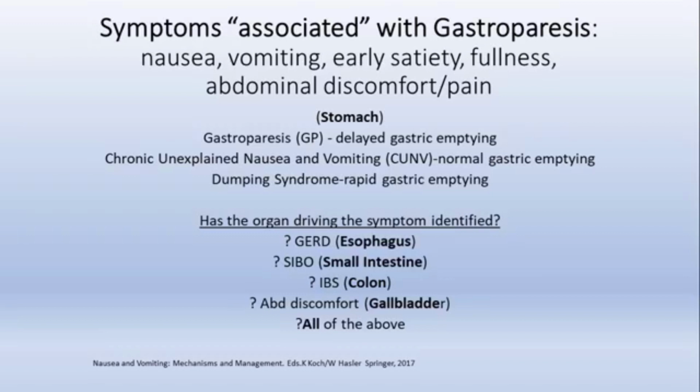Could the symptoms be caused by the colon, like IBS? What about the gallbladder? Could it be causing some of these symptoms? And some patients have several or all of these. So the whole approach to treating gastroparesis is to be sure you've identified the stomach as the main culprit, the main organ driving the symptoms.